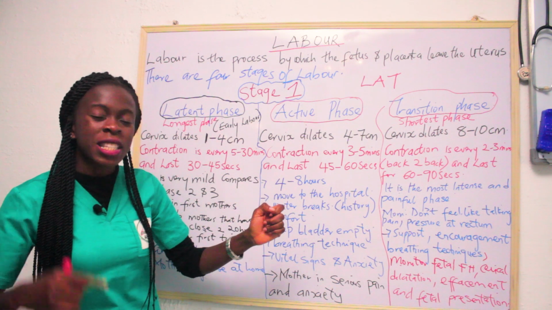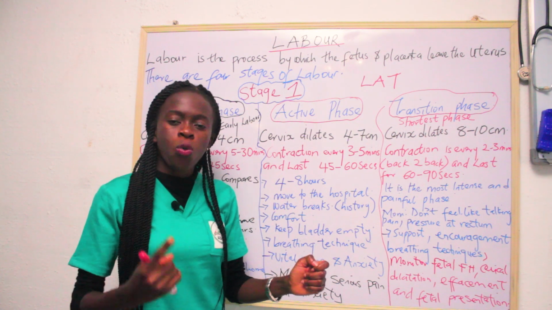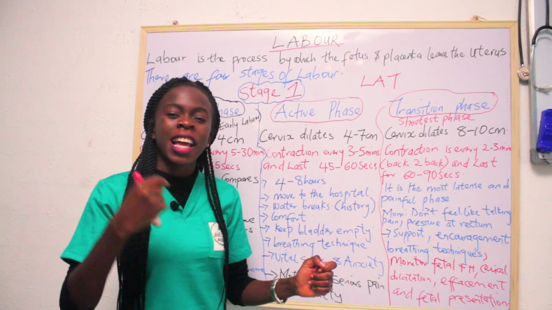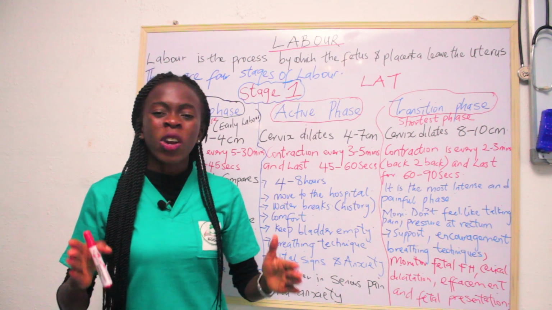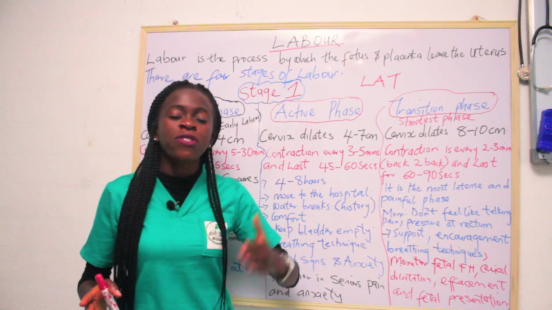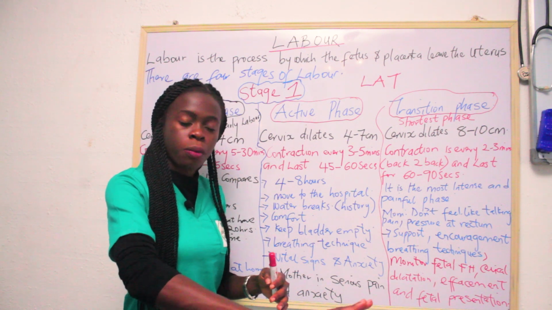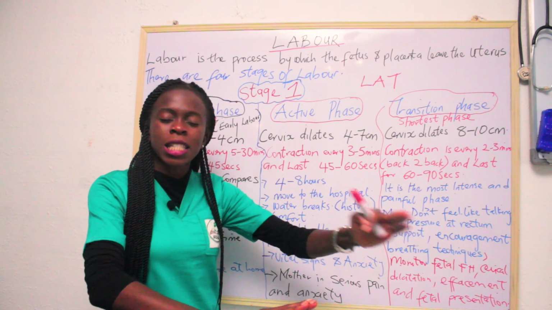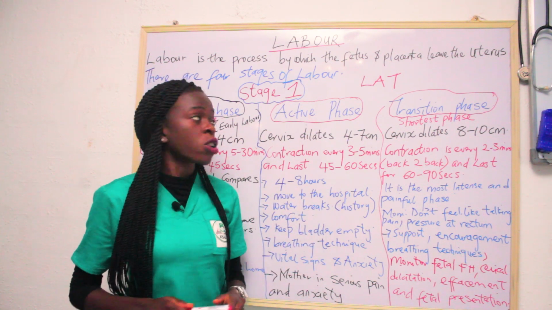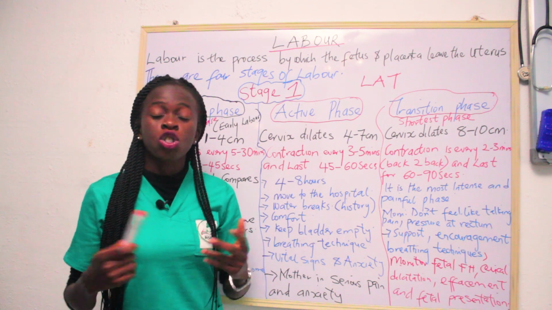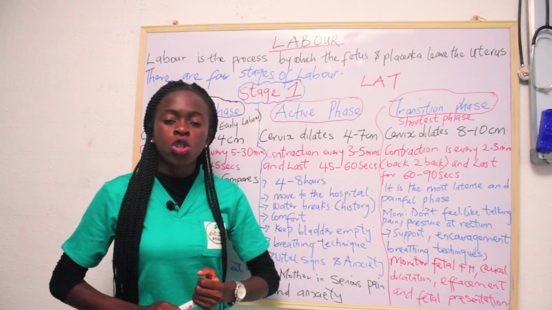Contractions come every 3 to 5 minutes, and when you put your hand on the mother's abdomen, each contraction lasts between 45 to 60 seconds. The duration for this active phase is usually 4 to 8 hours.